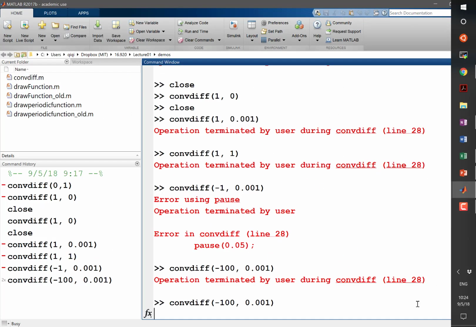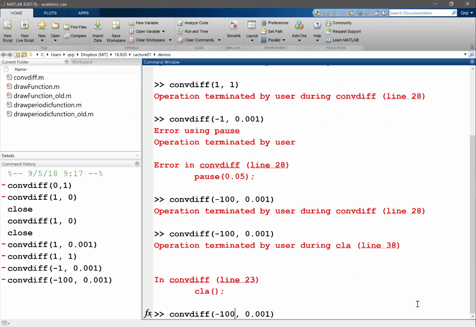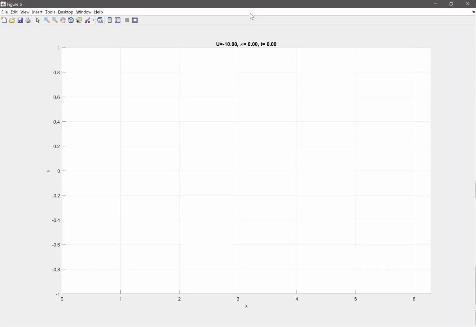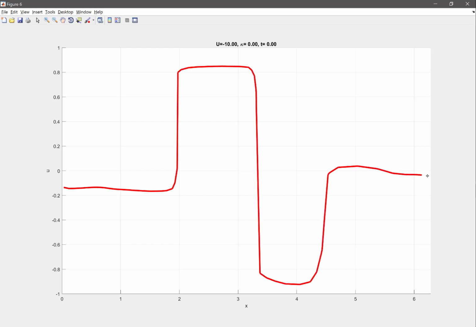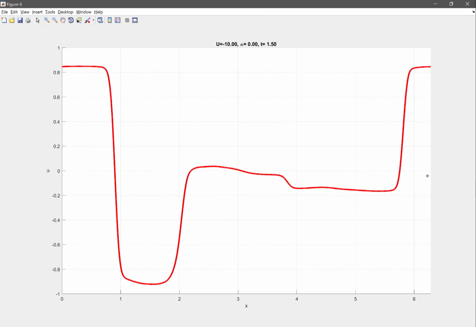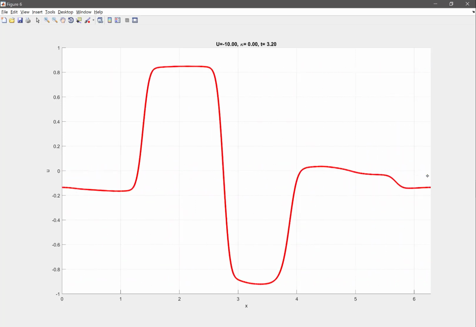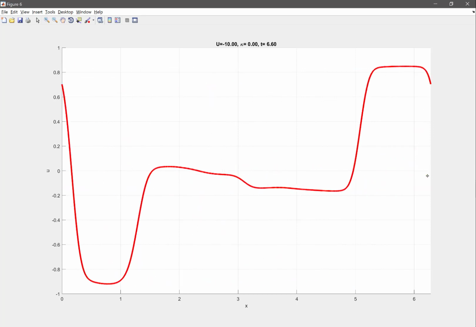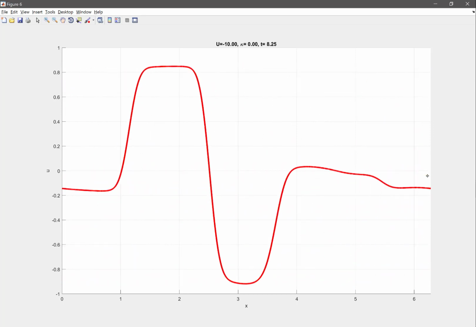Let me put it as -10 as opposed to -100. I think my frame rate is too low to accommodate that. Right. So now you can see the advection being much faster in the negative direction. If I make it +10, you would see advection going fast in the positive direction.